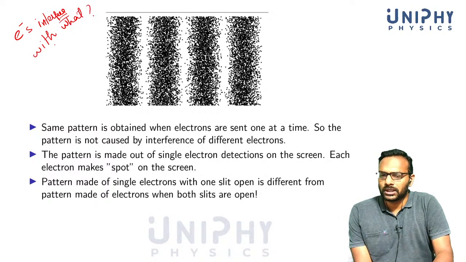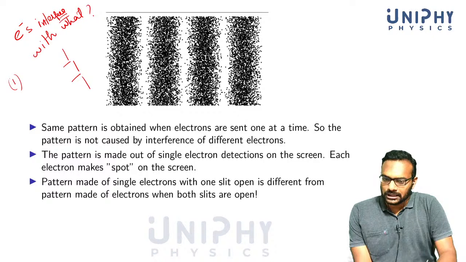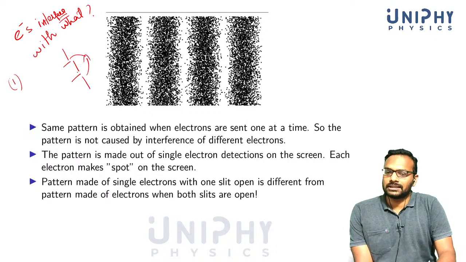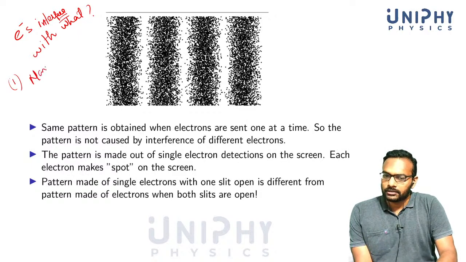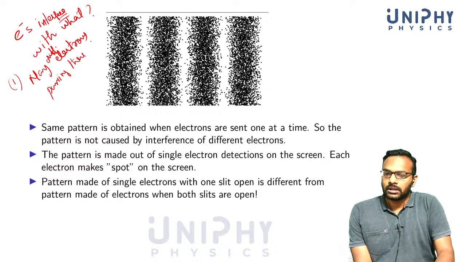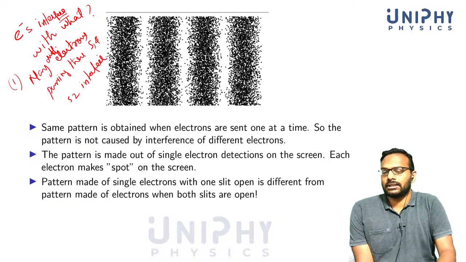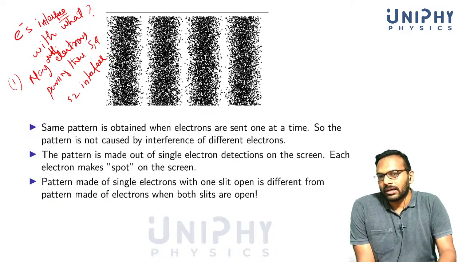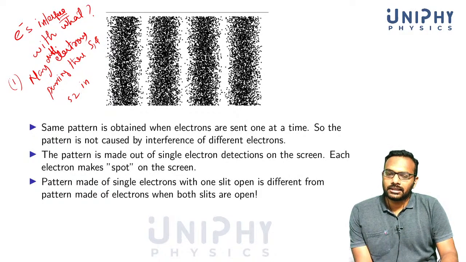The first thing that comes to mind is maybe there are electrons which pass through slit 1 and electrons which pass through slit 2, and maybe these different electrons passing through S1 and S2 interfere with each other. Okay, this is a possibility. Maybe they interact and somehow the interference pattern appears.